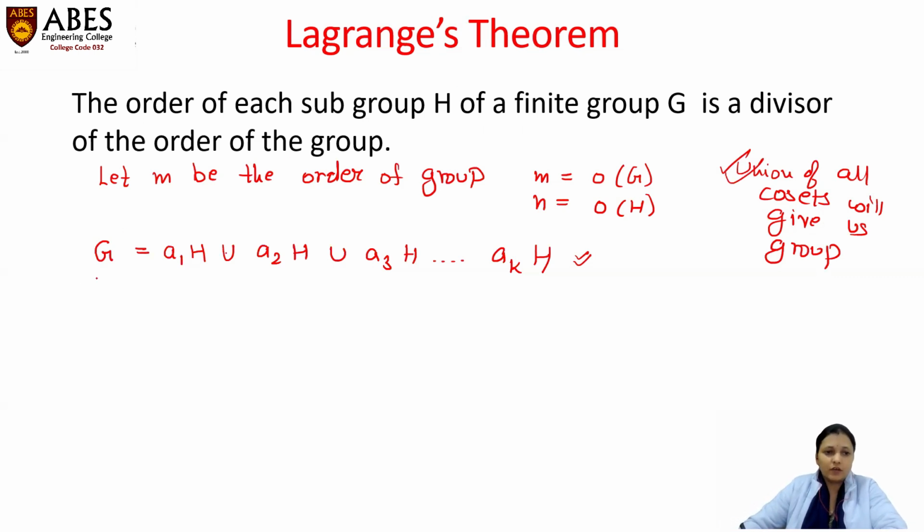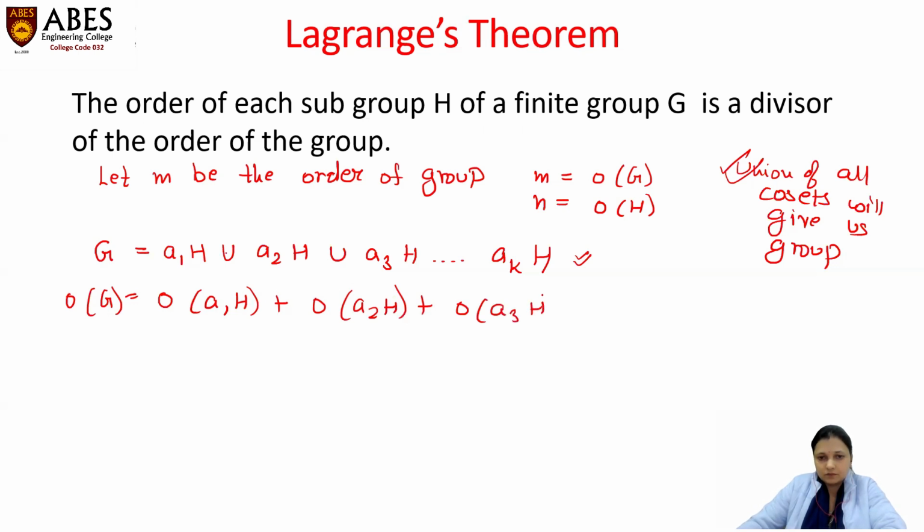So if we take order on both sides, order of G will give a particular number of elements, and these are all disjoint sets. We can write this as the sum of order of a_k H. So order will give the number of elements in this particular coset, and we know that the number of elements in the coset is the same as the number of elements in that particular subgroup. And here these are the cosets of the same subgroup, so these all values will be the same.